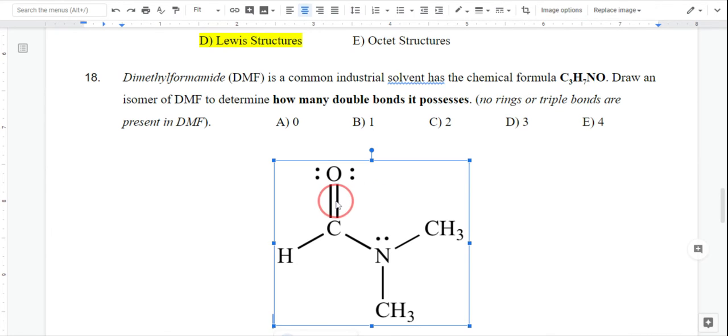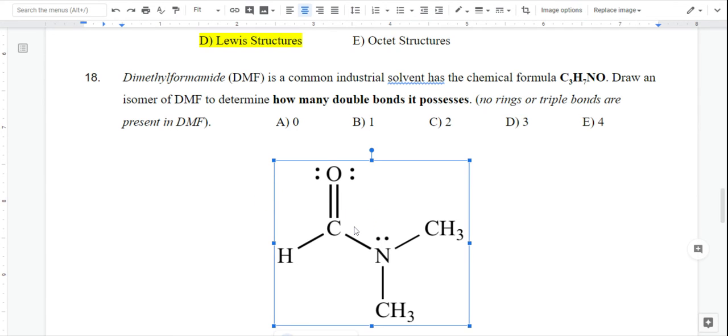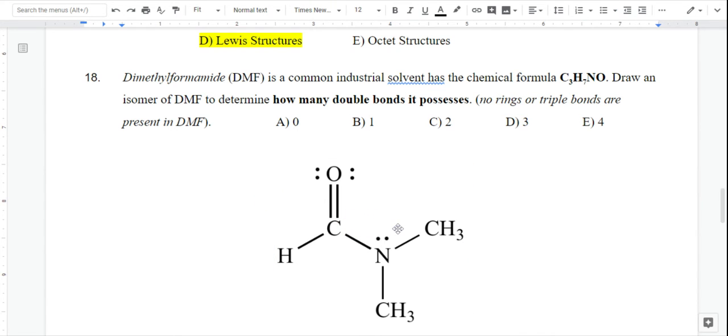So you could draw an isomer technically with the ring, but since I told you we're not going to use a ring, if you put one, you got it wrong. So if you came up with this, fantastic. But all your structure needed to have was a nitrogen with 3 bonds, each carbon with 4 bonds, and oxygen with 2 bonds.